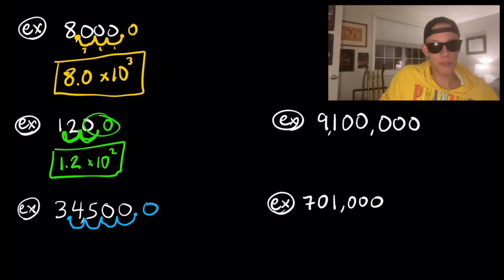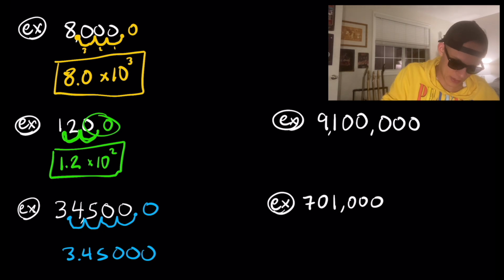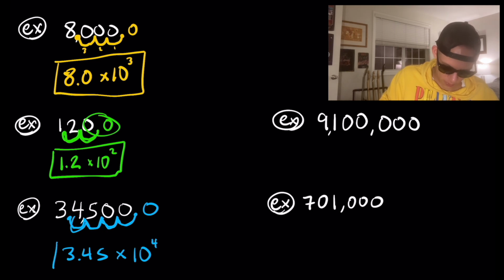That is definitely between 1 and 10. Again, I can add the trailing zeros if I want, but it's not necessary. 3.45 is enough. And then times 10 to the, well, I moved the decimal place to the left 1, 2, 3, 4 times. So 10 to the 4th.